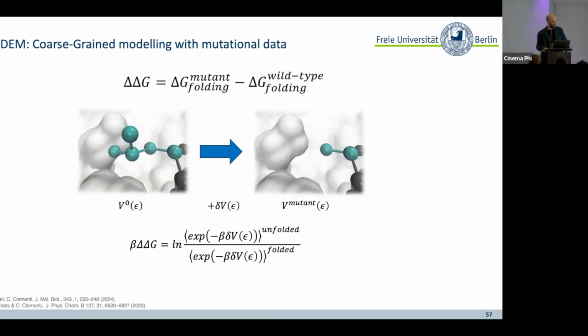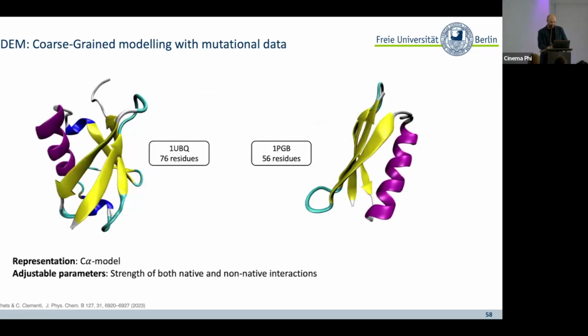You can use, again, perturbation theory, while using an atomistic representation, it's more complicated. You need to struggle a bit. The two targets that we use were ubiquitin and protein G, both coarse-grained at the carbon alpha resolution. So again, we only retain a single coarse-grained bead for every residue.